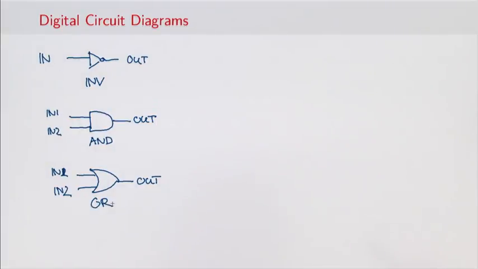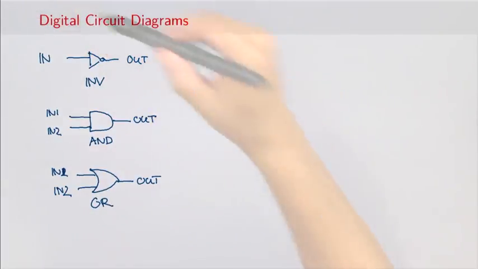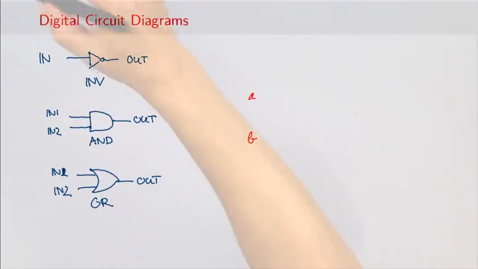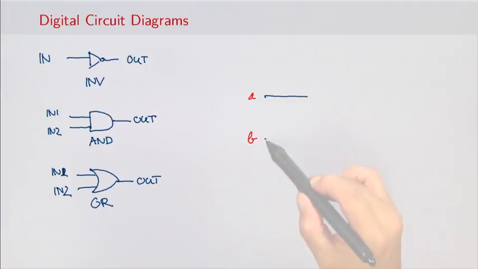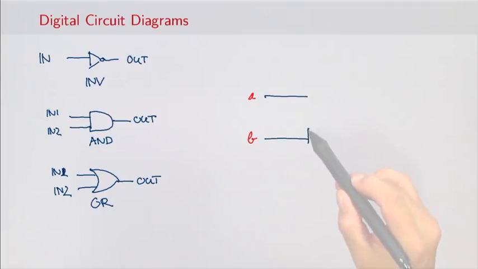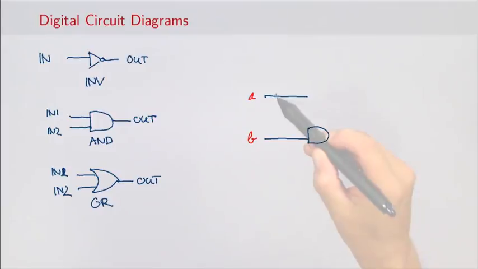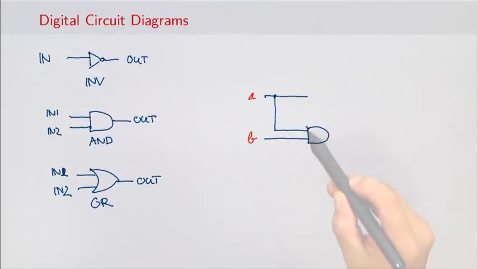From these basic gates, we can now construct more interesting circuits. So we are going to show how to construct a half adder that takes two inputs and converts them into a sum and a carry. So let's take the two inputs, call them A and B. What we would do is we would form first the AND of the A and the B. That's written like this.